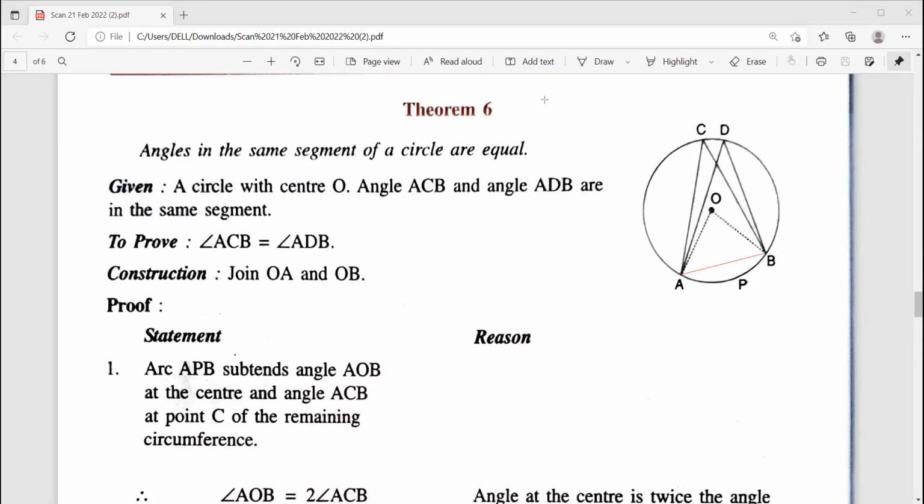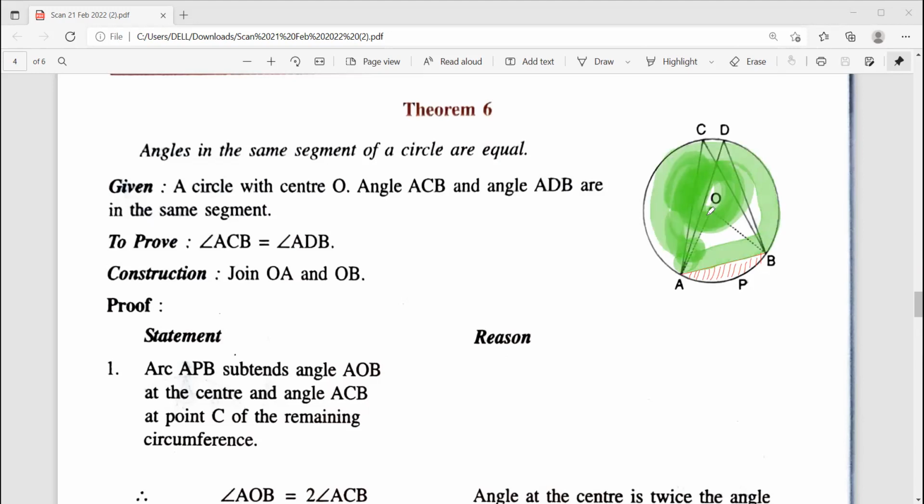Now I get one segment, which is the minor segment. And then what is the major segment? The major segment you have is this, formed by chord AB and the major arc.